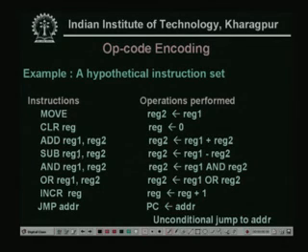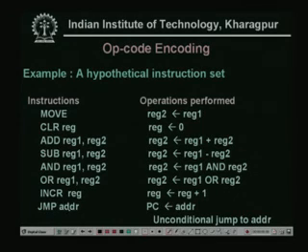Similarly, subtract the contents of 2 registers, increment 1 register, that means increment the content of the register by 1, and jump to an address, which is an unconditional jump.